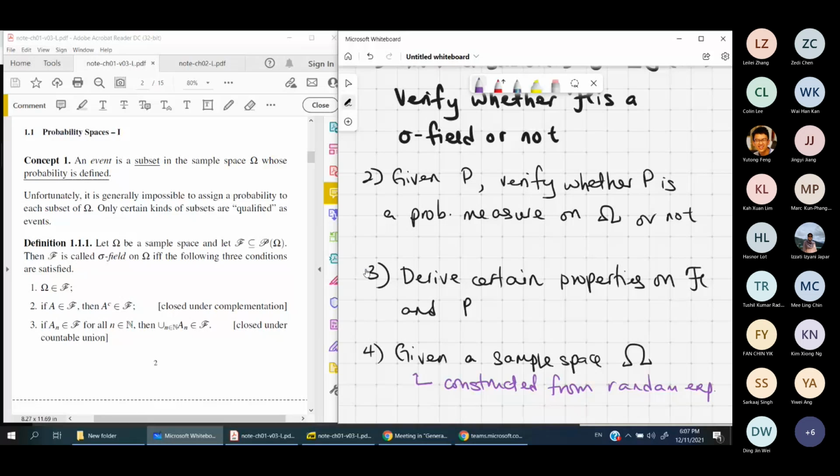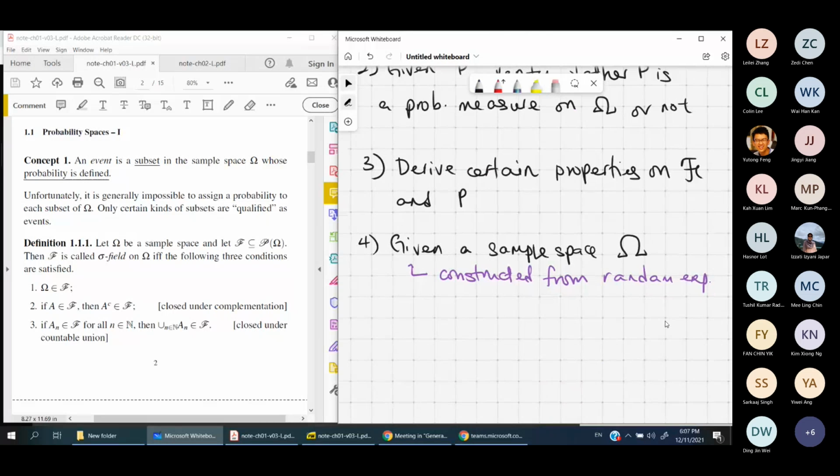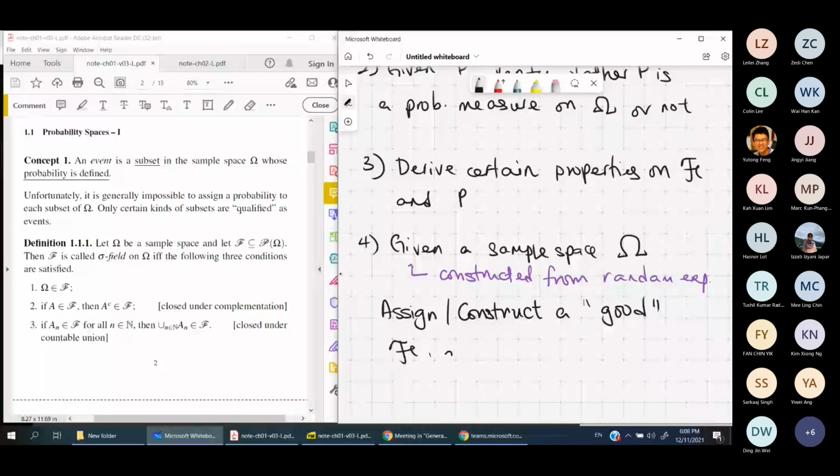So once we have a given random sample space, make sure you can assign or construct, either one, a suitable F and P. So these are the things that we hope you are able to achieve.